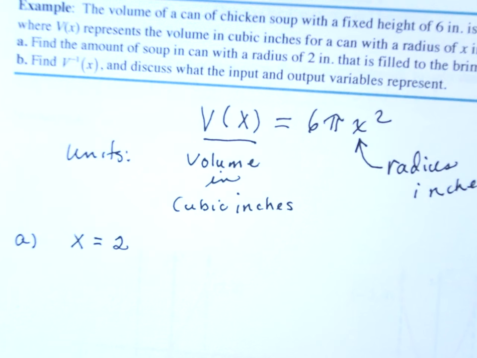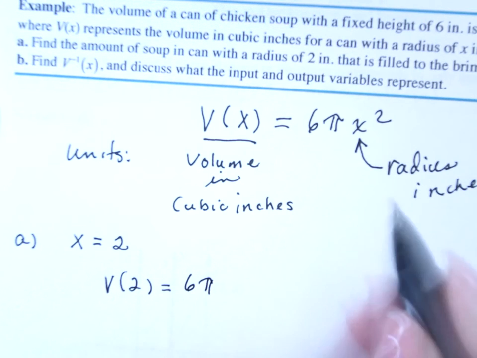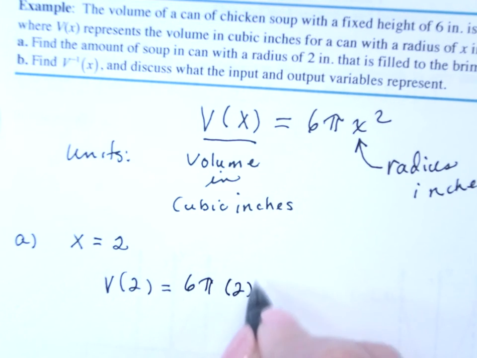Sometimes we run into it with feet, and then it becomes quite confusing because you have to get the perspective of whether you're dealing with an x or a y. But this is pretty simple. That means I'm looking at V of 2, which is 6 pi times 2 squared.